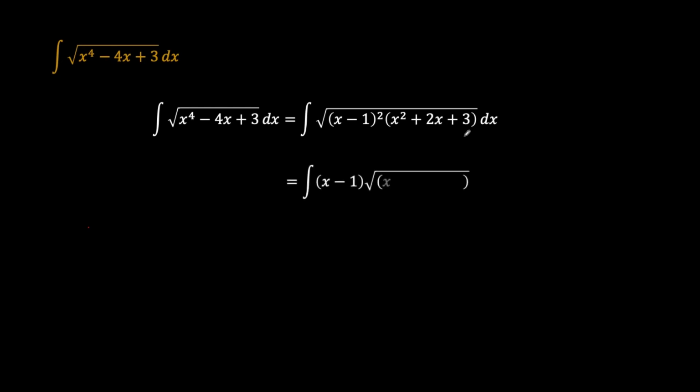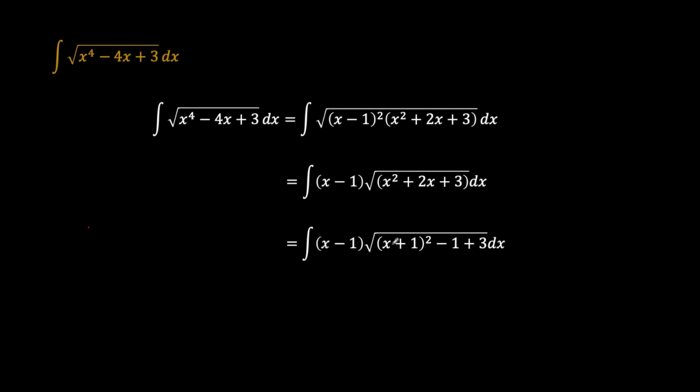And then you can pull out the x minus 1. That is now giving us x minus 1 times the square root of x squared plus 2x plus 3 as the integrand.